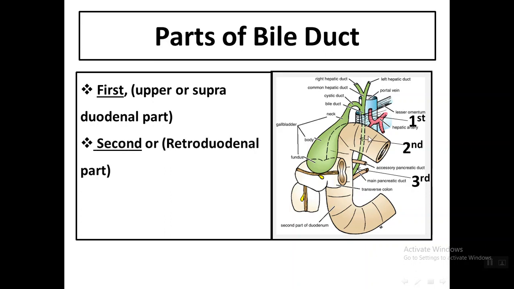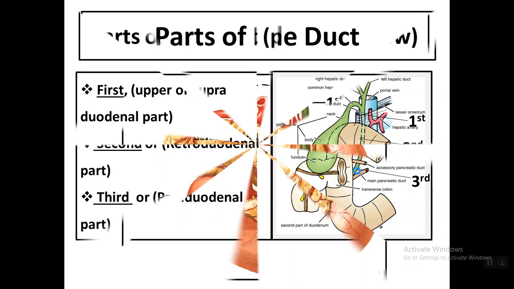The second part is called the retroduodenal part that passes behind the first part of the duodenum and accompanies the gastroduodenal artery. The third part we will call the paraduodenal part.